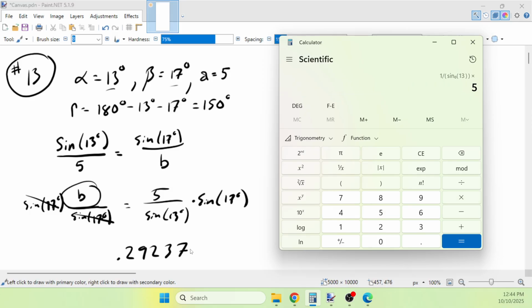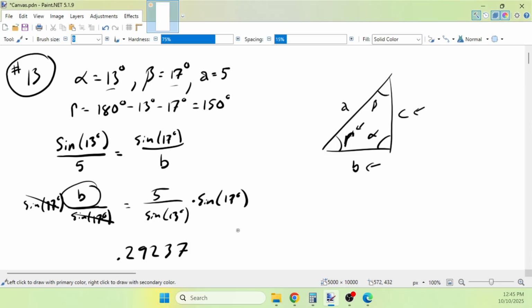I multiply this by the previous value. This gives me an approximation of, depending on where we want to round, either 6.5 or 6.49. But anyway, we now know what B is.